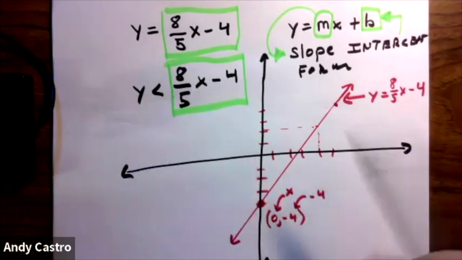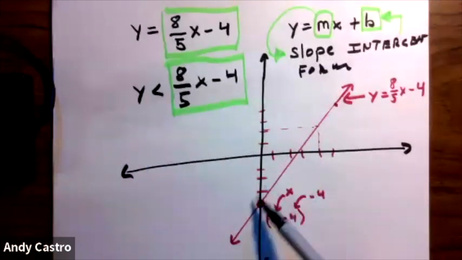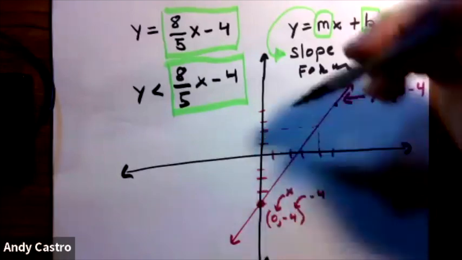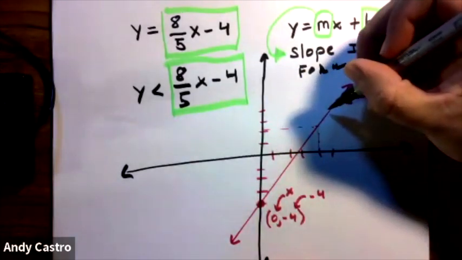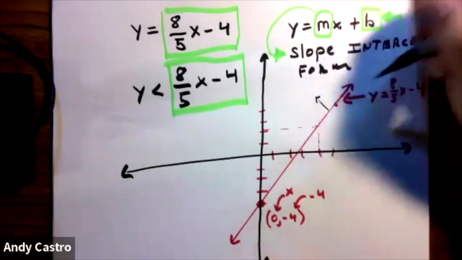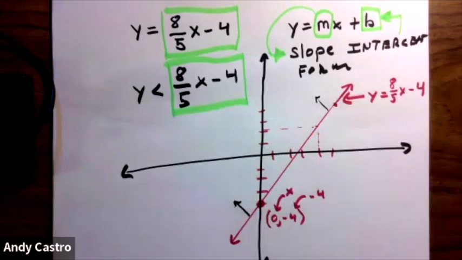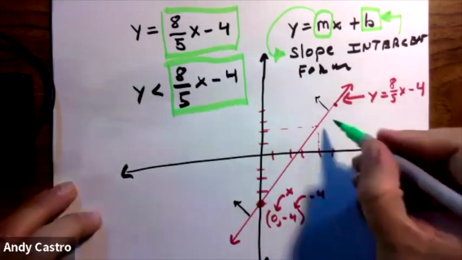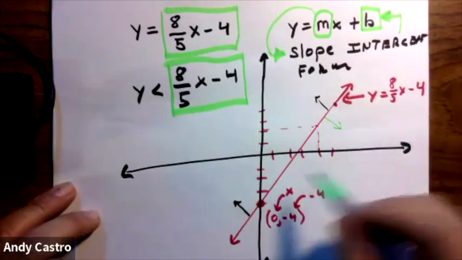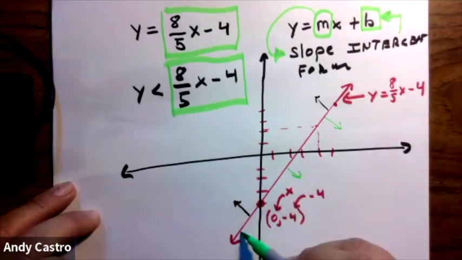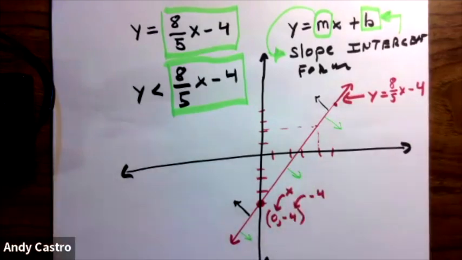Well, once we determine our line, the next thing we need to determine is, are the units on this side of the line included, or are the units on this side of the line included? We don't know.